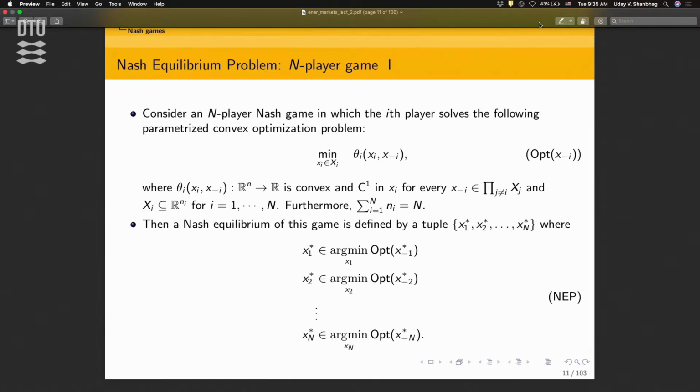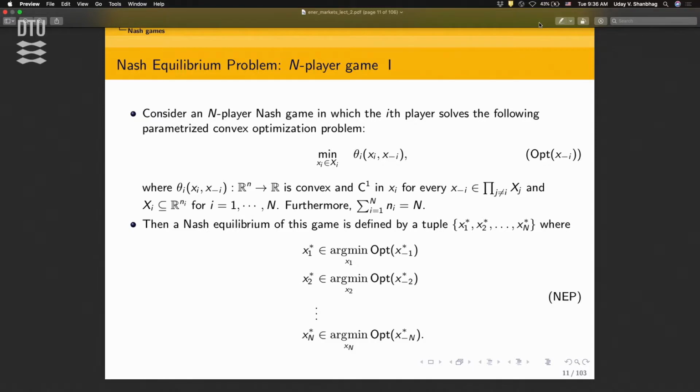X_i is a closed and convex set in R^{n_i}, and the overall set, capital X, is in the larger space of X1 times X2 times X3 and so on. So this is a Cartesian product. What is a Cartesian product?